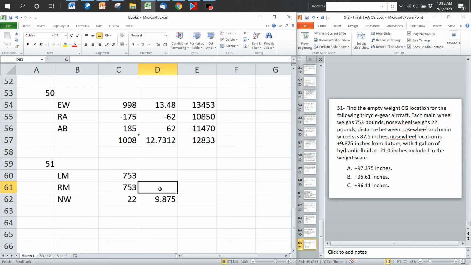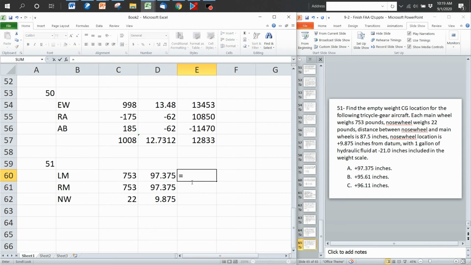My mains are 87.5 inches aft of the nose, so I'm going to get my nose wheel plus 87.5 to get my location of my right main, and my left main is the same as my right main. Oops, that doesn't work. I pulled both of those over, and we're going to delete that. I'm just going to put the same number in, 97.375. What it did when I pulled that formula is instead of adding the 87.5 to my 9.875, it added it to the other one, and that makes a mistake.